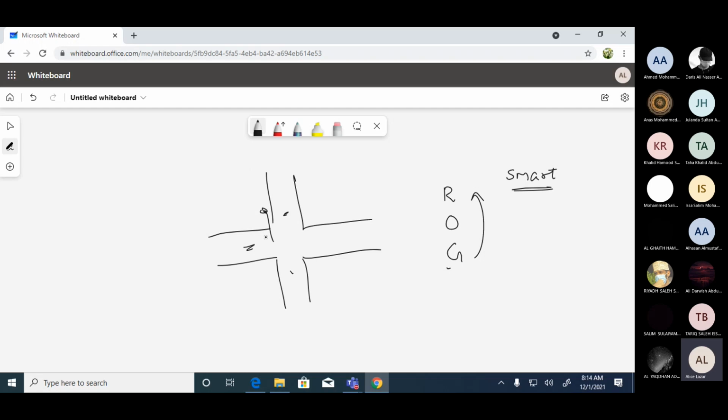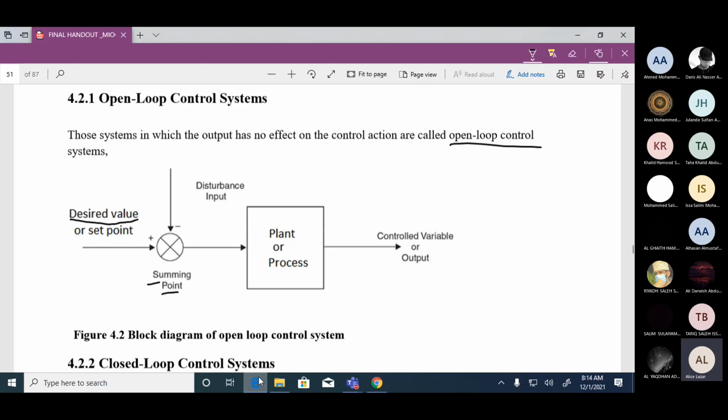So remember the point that I told you. Open loop control systems are dependent on what? They are dependent on time. So going back again, open loop control systems are open because there is no feedback. Then they are only dependent upon time.